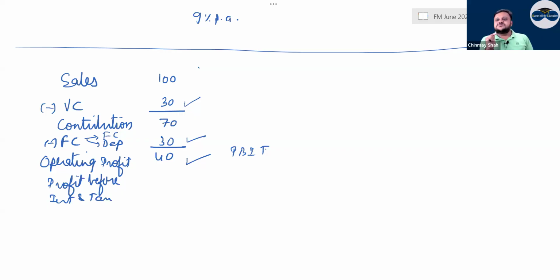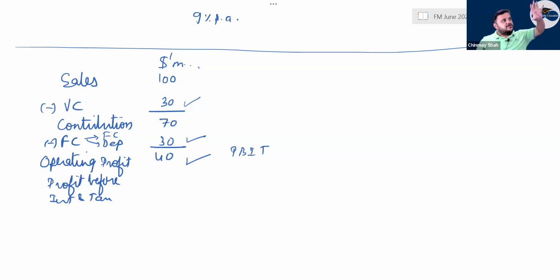Let's say the fixed cost is $30 million. Then you have an operating profit or PBIT of 40 from the working of your business.